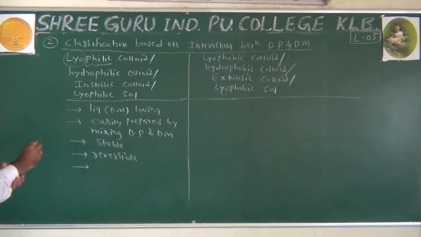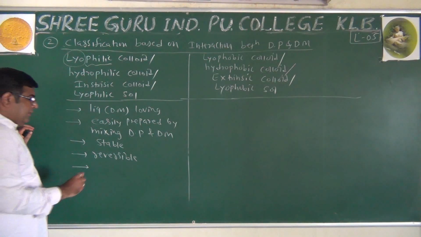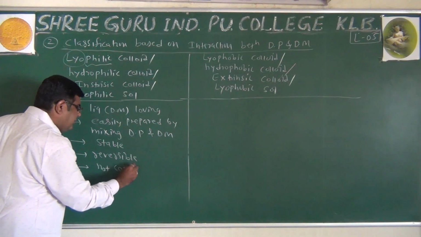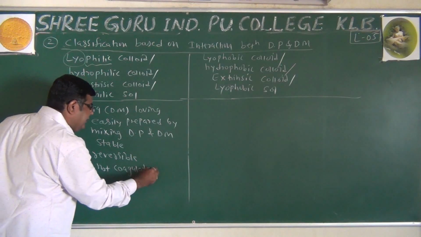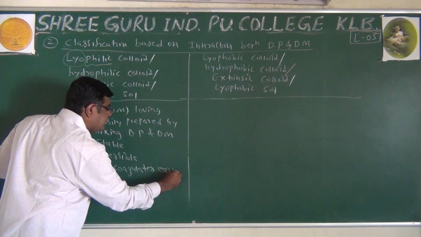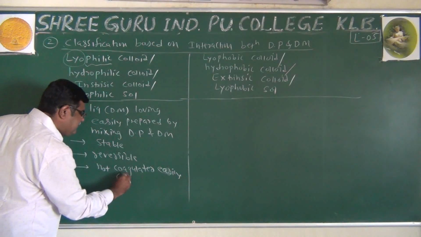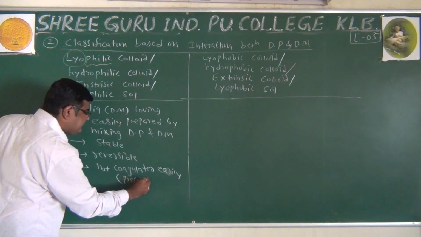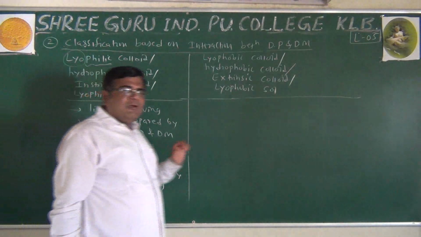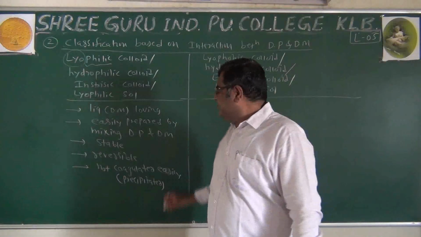Then another thing, we can say that it is not coagulated easily. Coagulated means precipitated easily. Now what do we mean by coagulation?